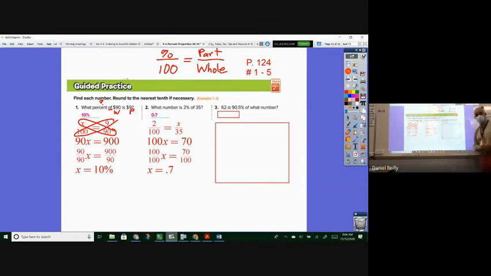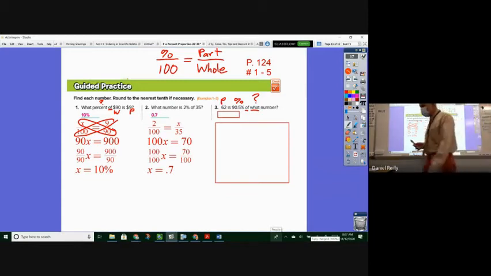That's the method we're going to use every time for that question. How do you know you're looking for the whole number on this one? Because it says of what, which means the number after the word of is unknown. That means this is the part, and obviously this is the percent because it has a percent sign on it.